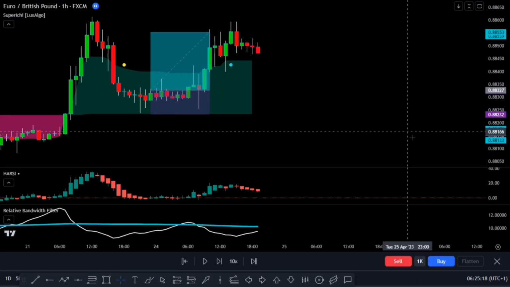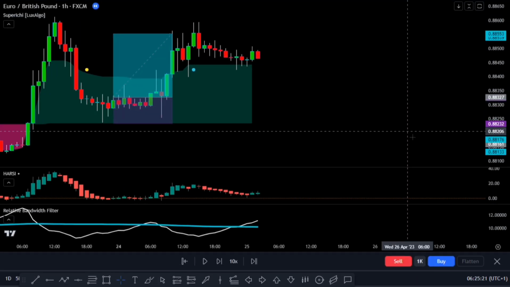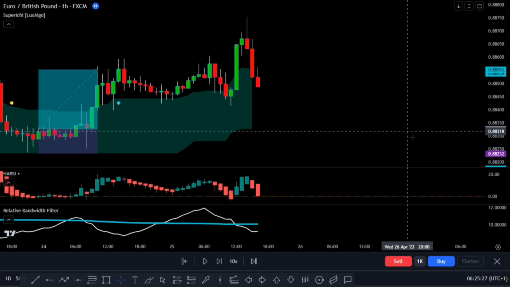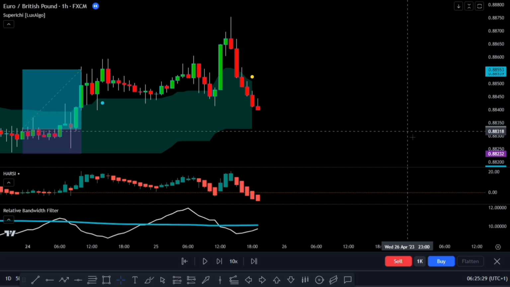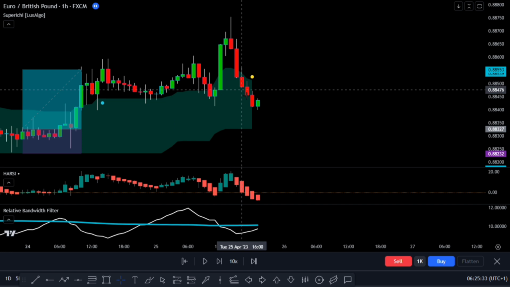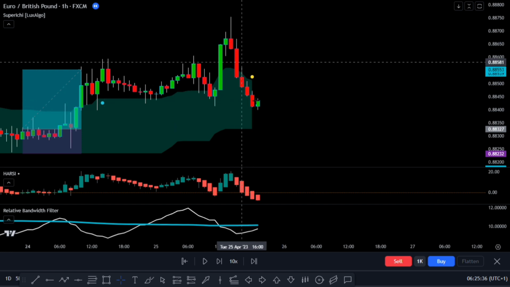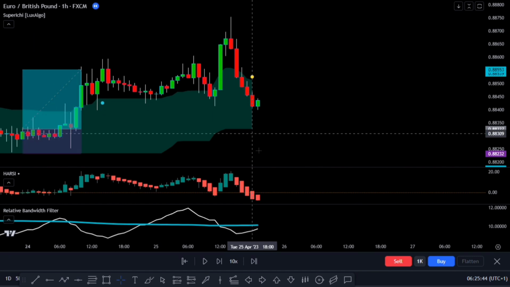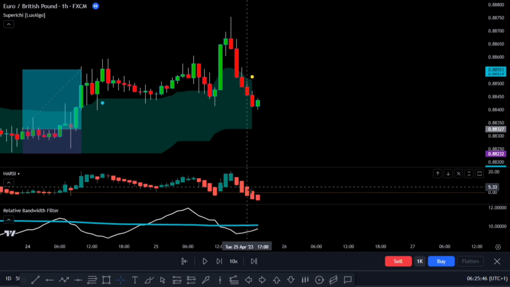To identify a buy signal, we need to look for specific conditions in the charts. First, we want to see the cloud in green, which means prices are likely to keep going up. Then, we wait for a bullish retracement, which is a temporary price drop within the upward trend. To know when this retracement starts, we look for a yellow signal on a candlestick. When we spot the retracement point, we also check the Heiken Ashi RSI indicator, which shows red candles during this period.